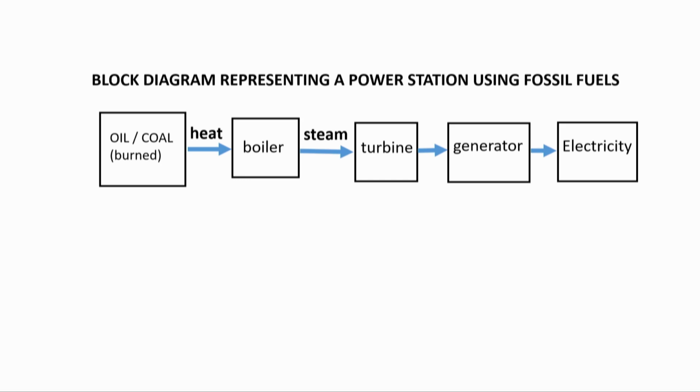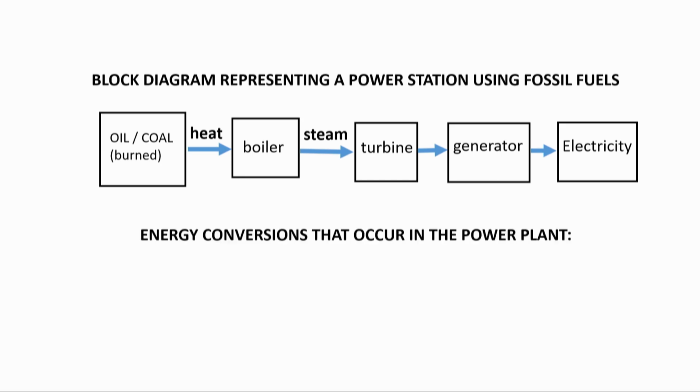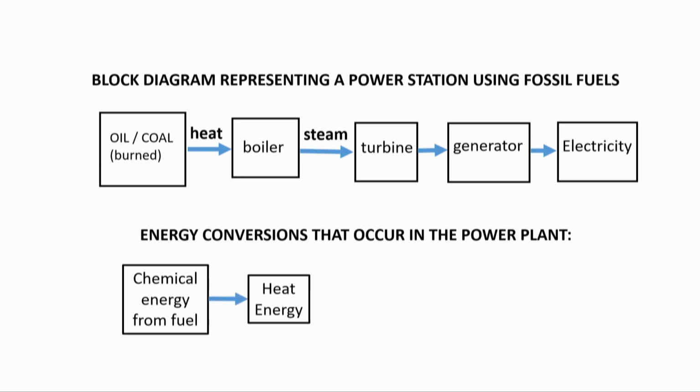During this process of making electricity, energy is converted to different forms. Recall that fossil fuels store chemical energy and moving bodies possess kinetic energy. The energy conversions that occur in the power plant are: chemical energy from the fuel is converted to heat energy.